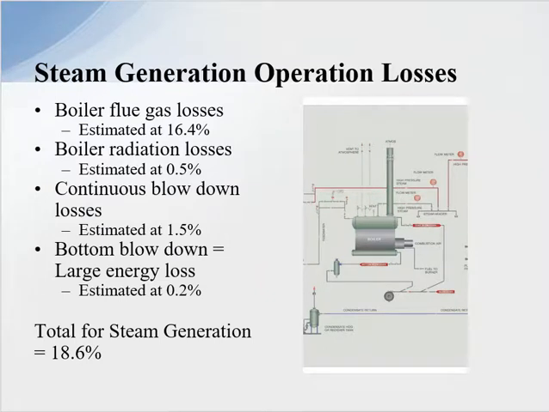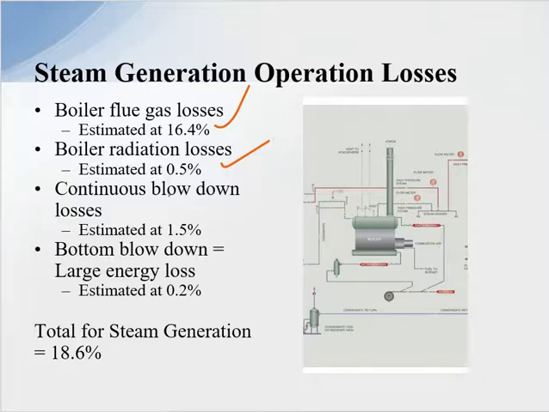So in steam generation losses, if we just take the losses for the boiler flue gas, we'll just say 16.5%. It's just estimated losses. Could be less, could be more, but for our example, we're just going to take that. Boiler radiation losses, let's say 0.5%.